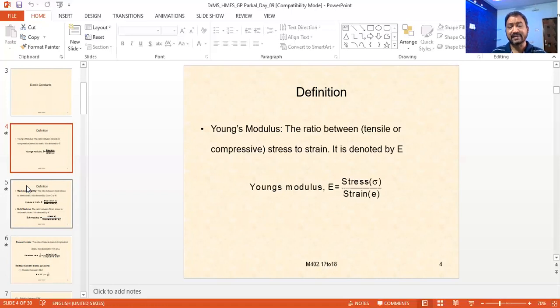In this case we will consider the tensile or compressive stress, and the unit is newtons per square millimeter. Whatever units we use for the stress, the same holds good for the Young's modulus, because the strain has no units.